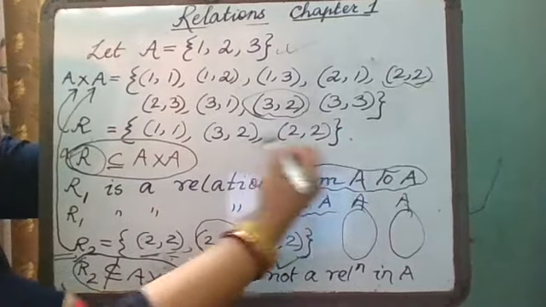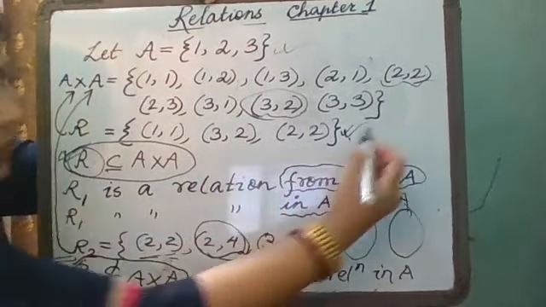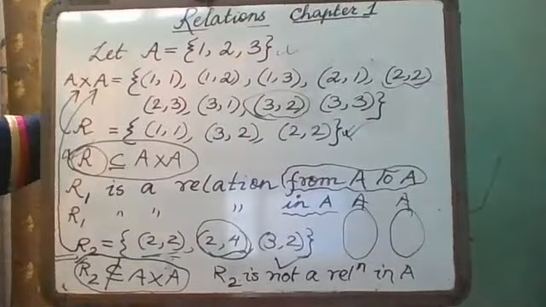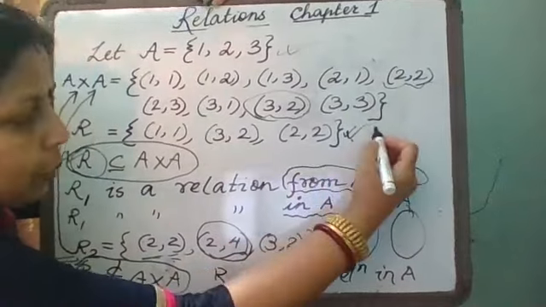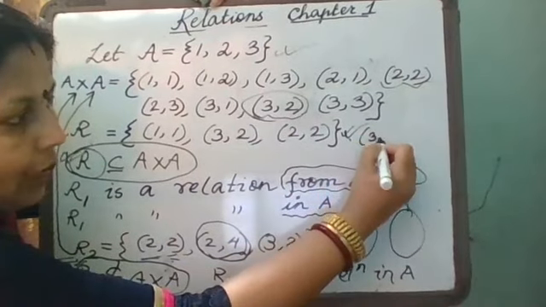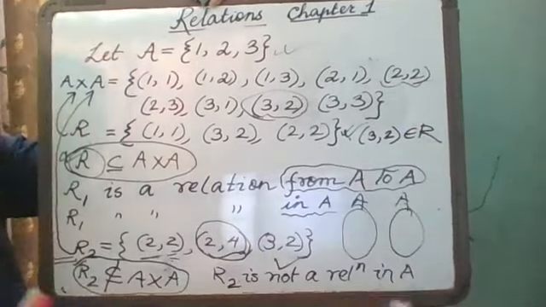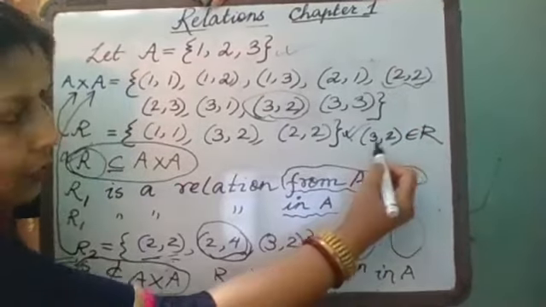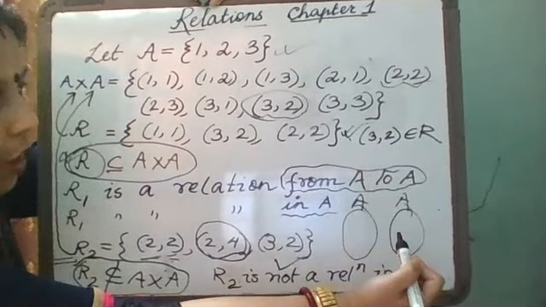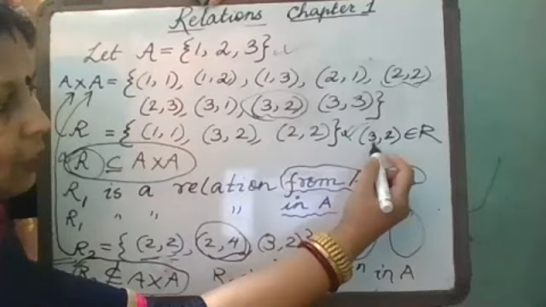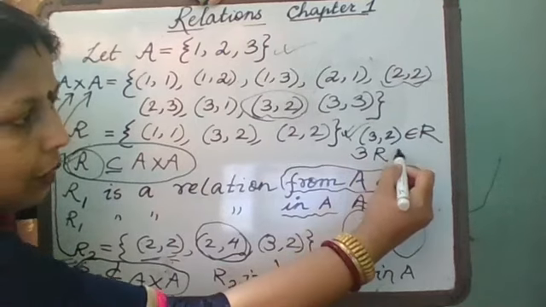Look in set R. I have changed it from R1 to R. What do we observe? 3, 2 belongs to R. So that means 3 is related to 2, a relation from A to A. How will I write in short? 3 R 2.